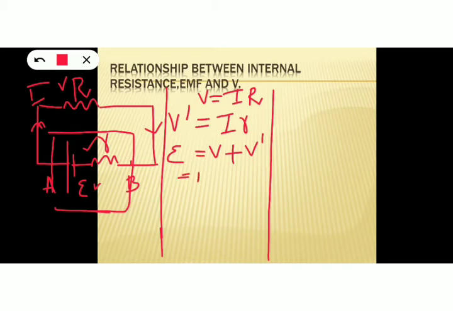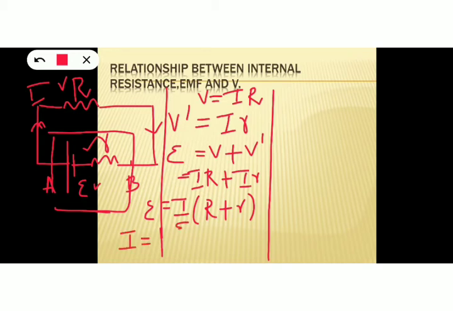That is, E equals IR plus I r, equal to I into capital R plus small r. Therefore, I is equal to E by R plus small r.